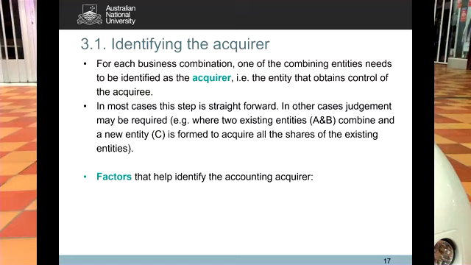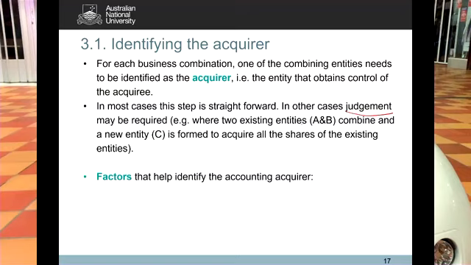In our courses, identifying the acquirer will always be obvious. I would not ask you to exercise judgment to decide who would be the acquirer. In all the cases, it will be clear to you who is the acquirer. So you don't need to worry much, because identifying the acquirer could be complicated.